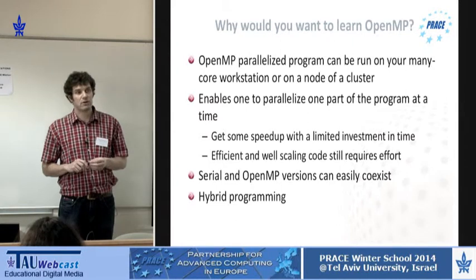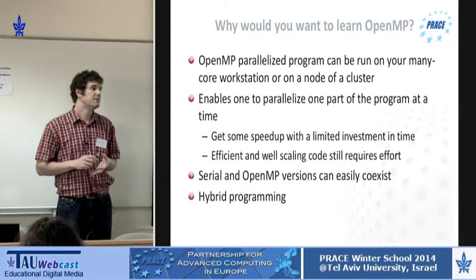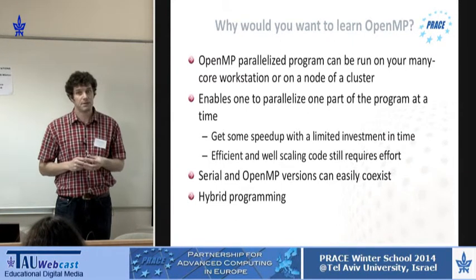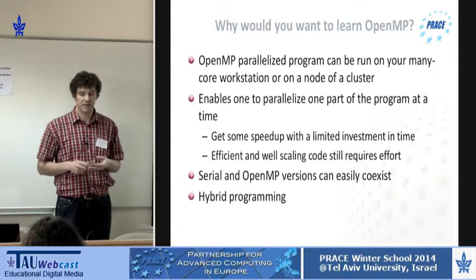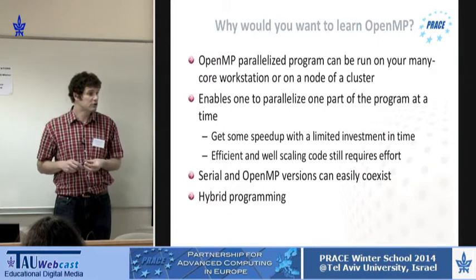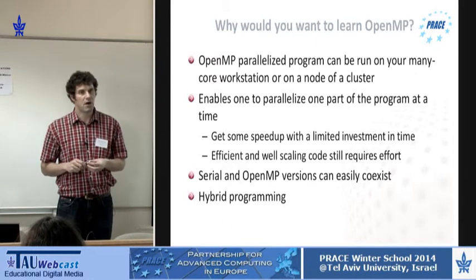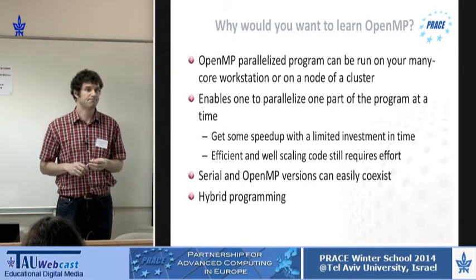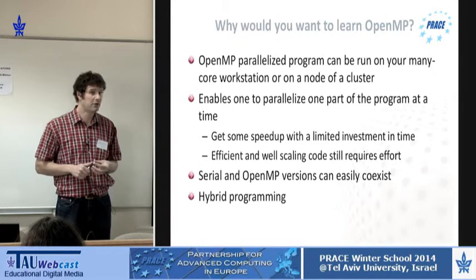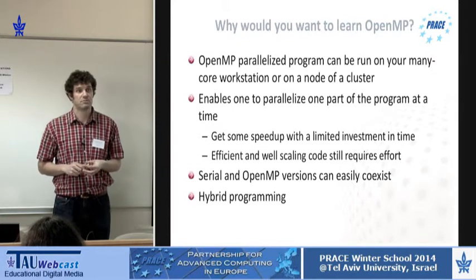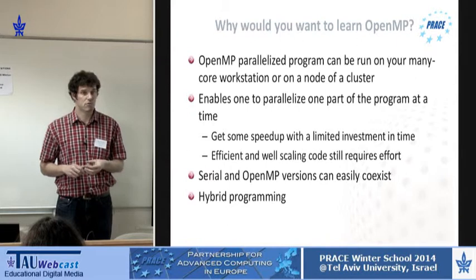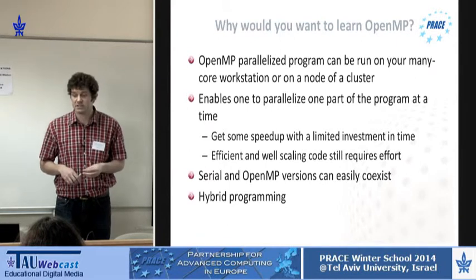And that also limits a bit the usability of pure OpenMP. So you can run it only on a single shared memory machine, your own workstation or a node in a cluster, but you cannot really run it on a big distributed supercomputer. And you cannot typically scale OpenMP programs to thousands of CPU cores because there are no such shared memory machines.